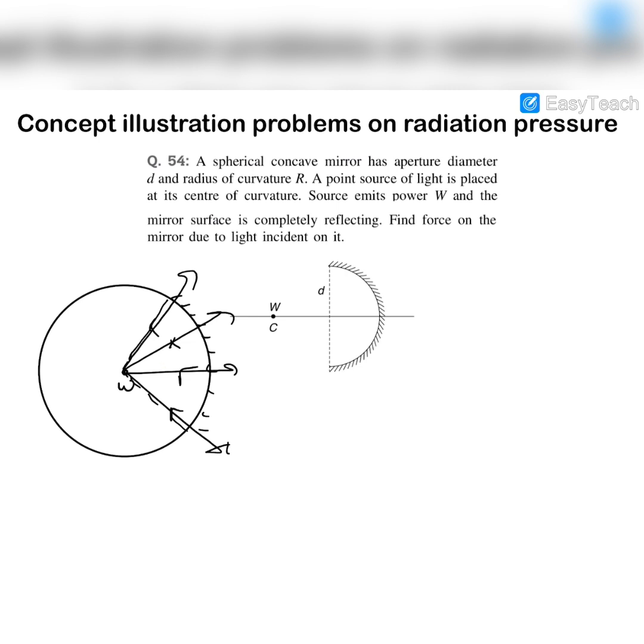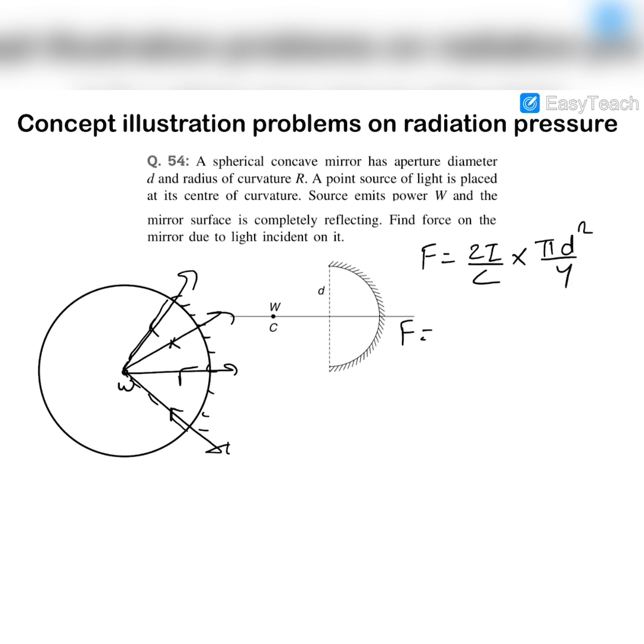So the force acting on the mirror surface will be, obviously, the pressure 2I by C, due to the fact that the mirror is completely reflecting, multiplied by the two-dimensional cross-sectional area. The two-dimensional cross-sectional area is directly pi d square by 4.